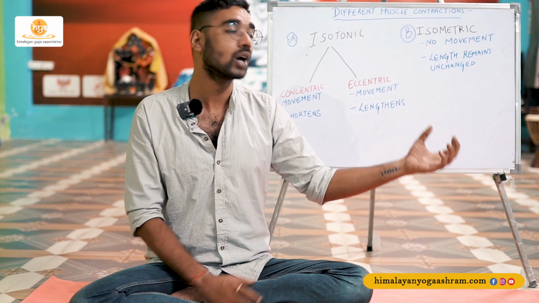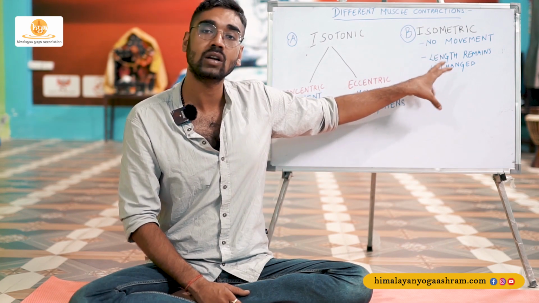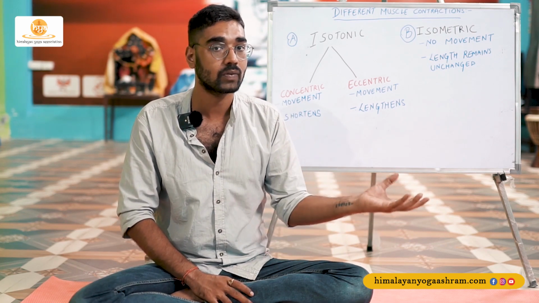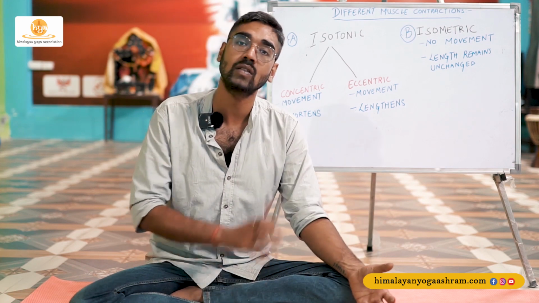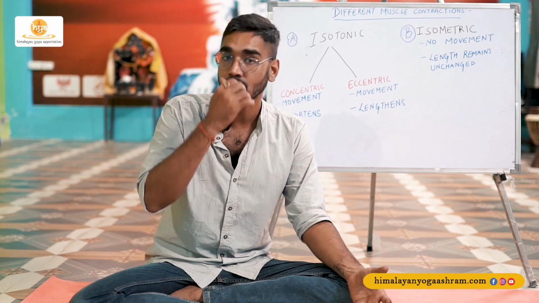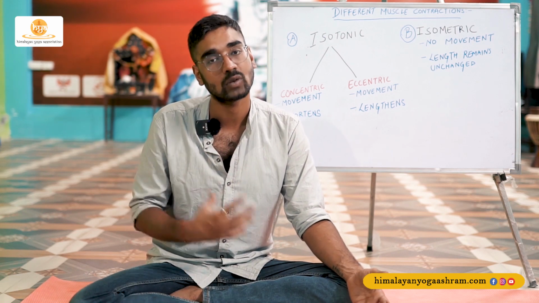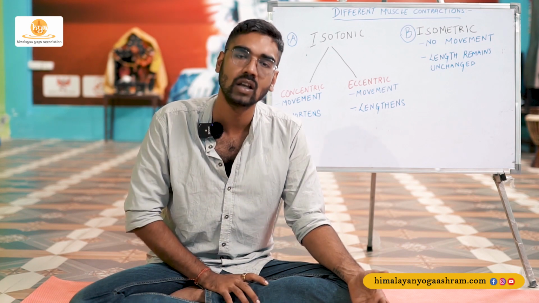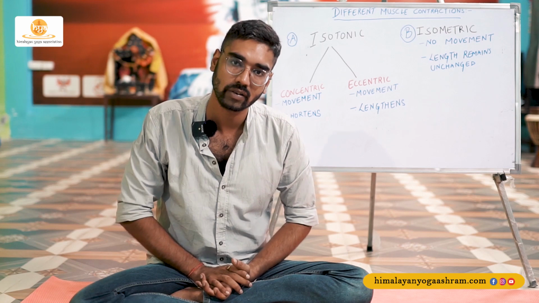Because even though isometric contractions do not have any movement and the length of the muscle remains unchanged, the distribution of force still takes place, which means that the muscles involved will gain some sort of health, at least a little bit of strength and a little bit of stability around the joints.